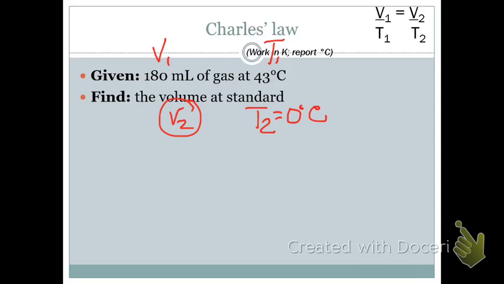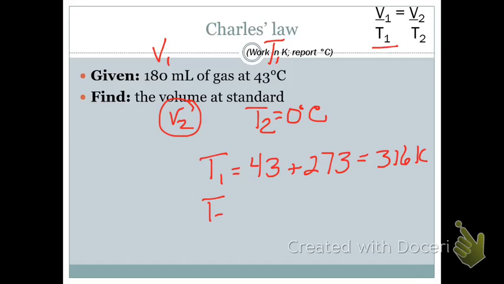I have to fix my temperatures. So T1 temperature is going to be 43 plus 273, and 43 plus 273 is going to give me 316 K. That's what's going to go here. T2 is 0 plus 273, which is just going to be equal to 273 K, which goes here.